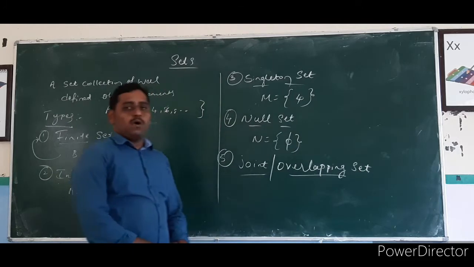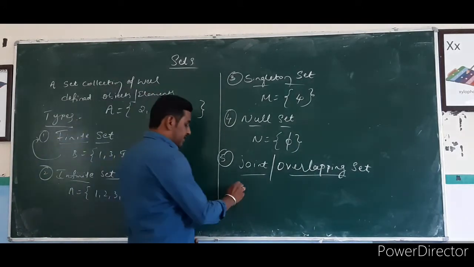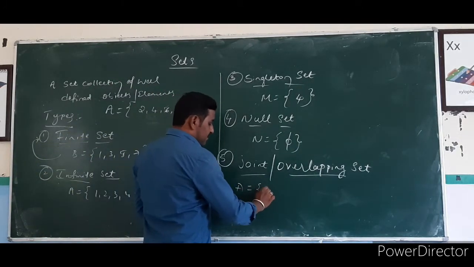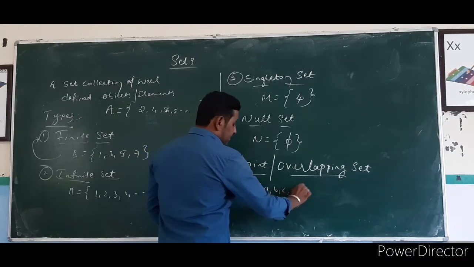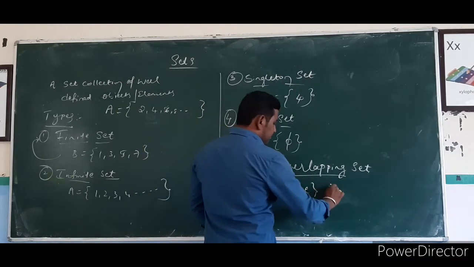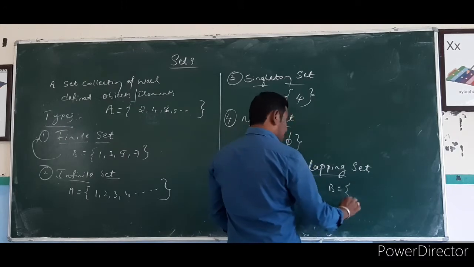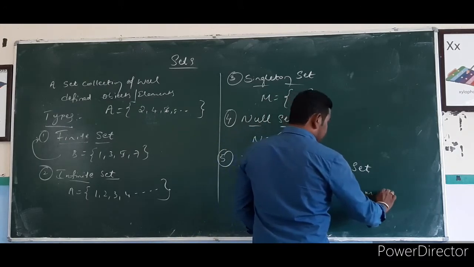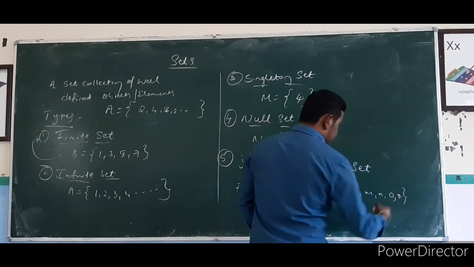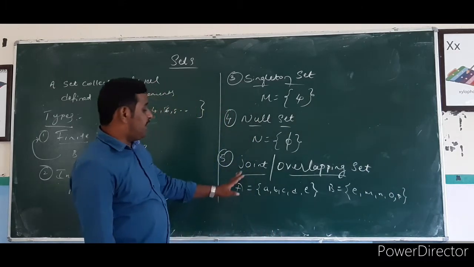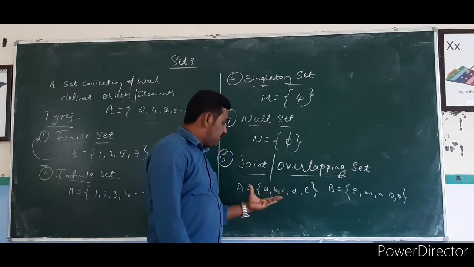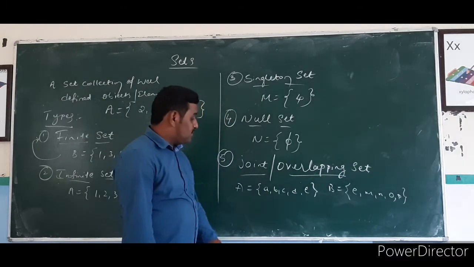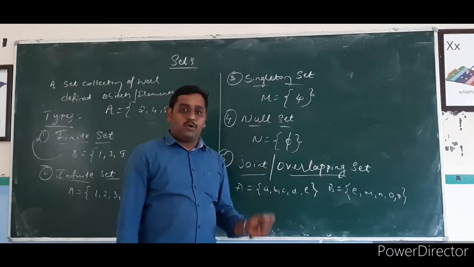Joint or overlapping set means, if you consider any two sets, A and B, one element should be common in both the sets.